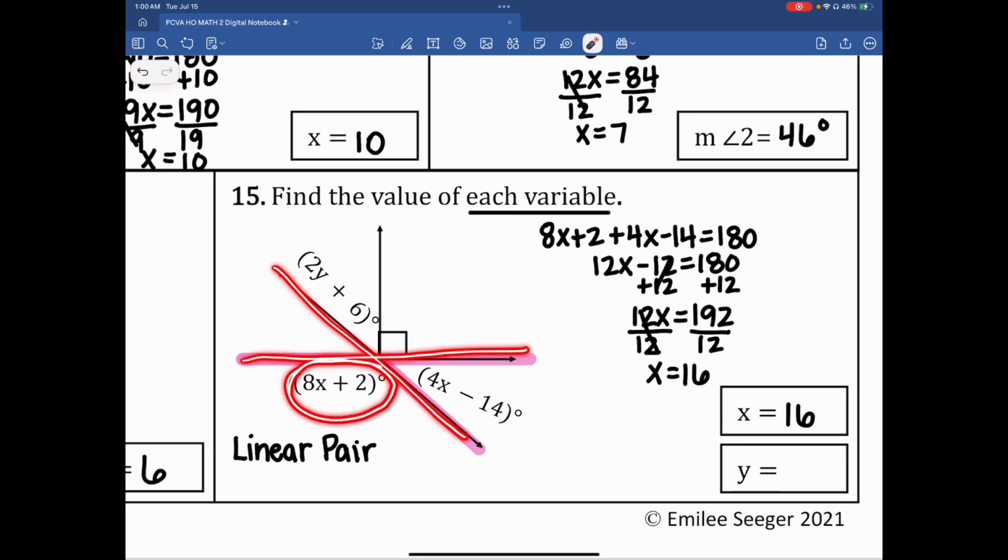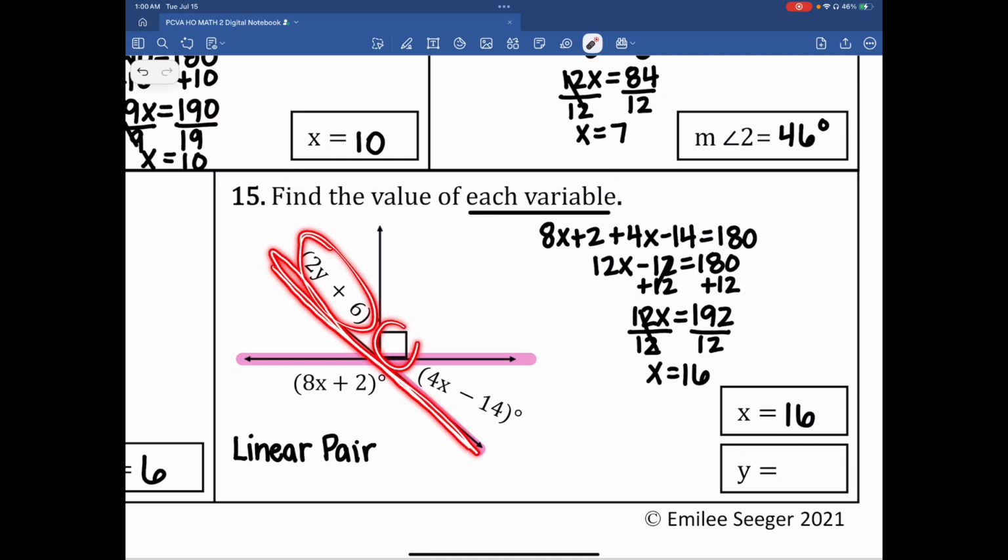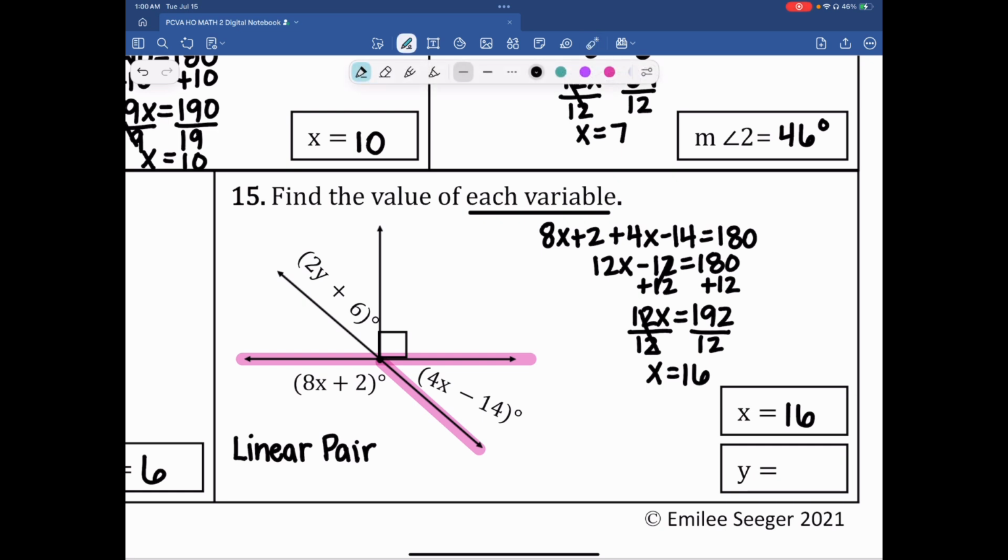So if I can find this angle, this is 90 degrees. So I know that these two together would have to equal that one. I have another linear, these are all complementary. So I could say this angle plus 90 plus this angle equals 180. There's actually several ways that I can do that, but I think it'll be easier to focus on the angle measurement.